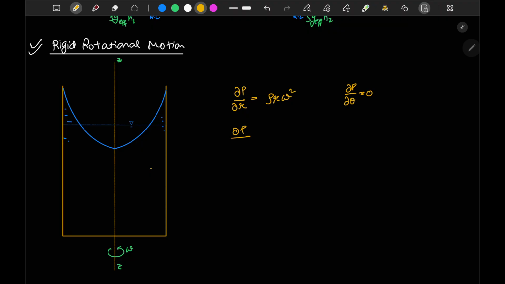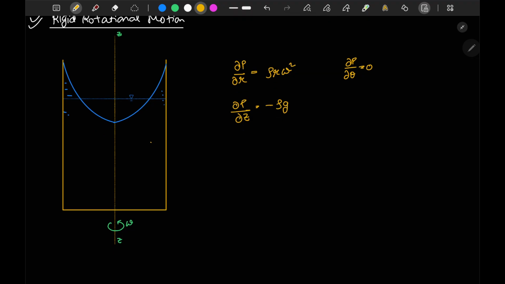We are talking about rotational motion, so in r, theta, z, del p by del z is equal to minus rho g, as g still acts in the negative direction. We are taking z from this point, and if we move upward, this is z.